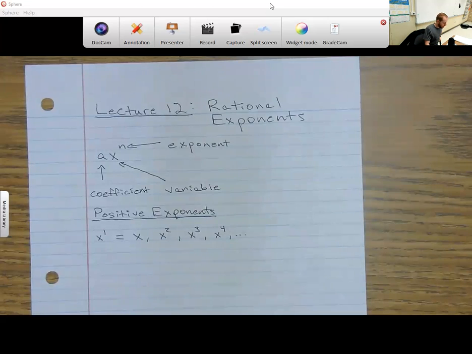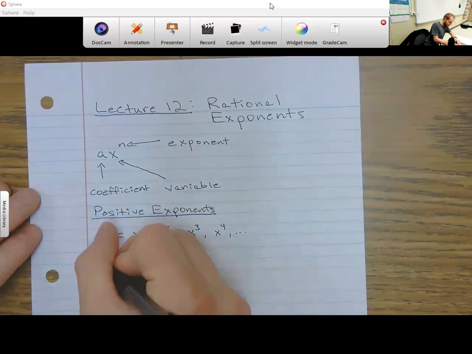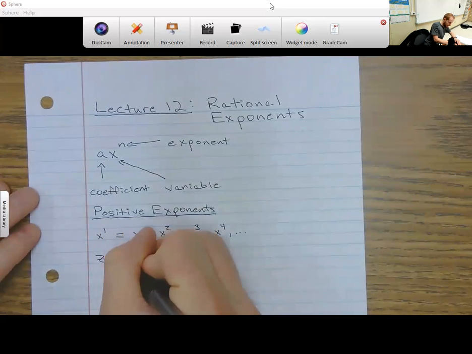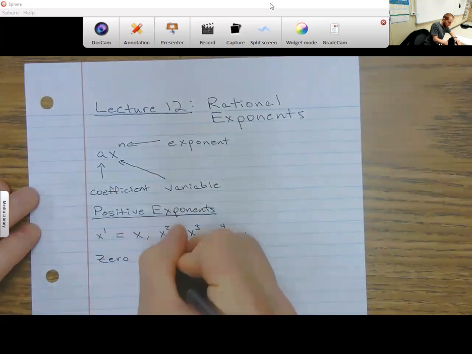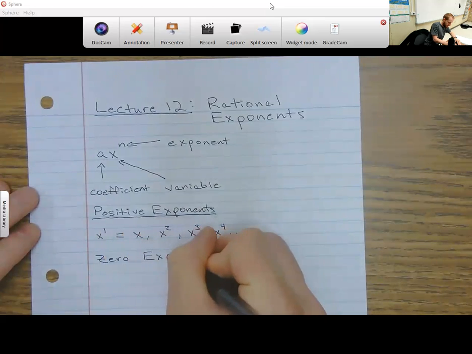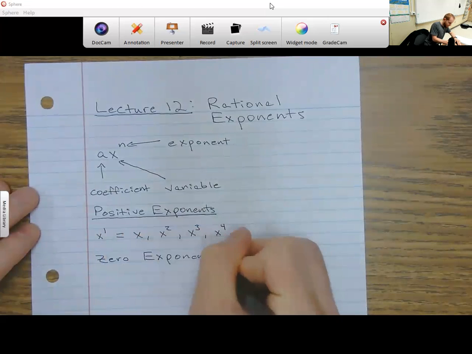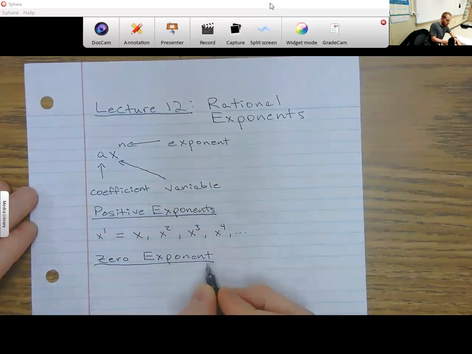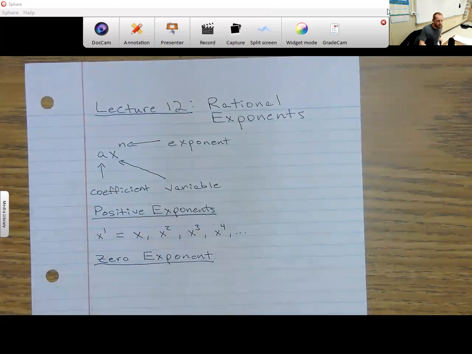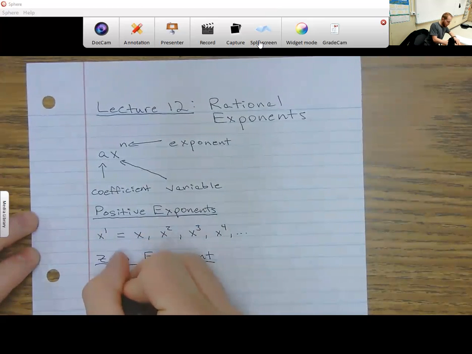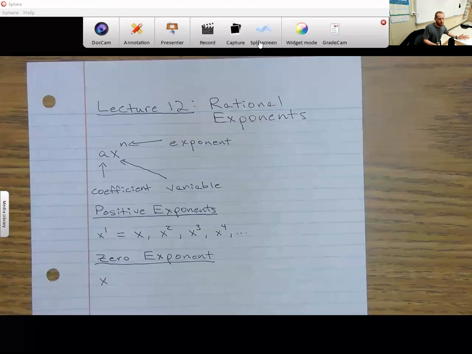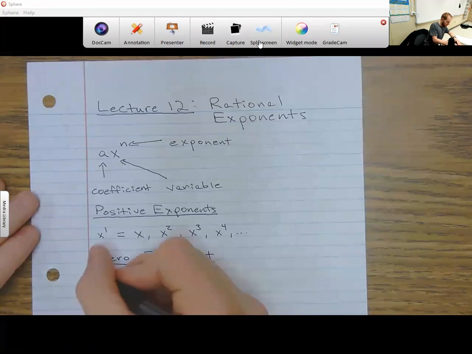Now let's talk about the zero exponent. All right, so when your exponent is 0, what does that mean? Well, that just means you're going to have a variable, and it's going to be raised to the 0 power.